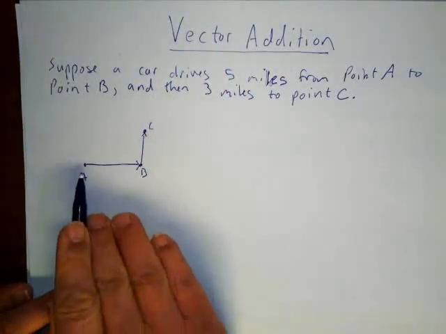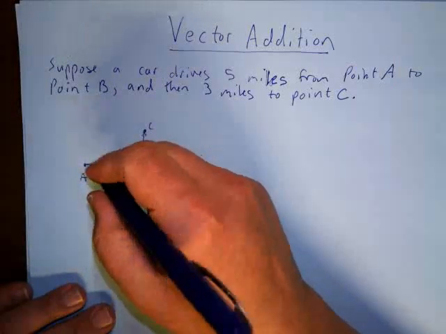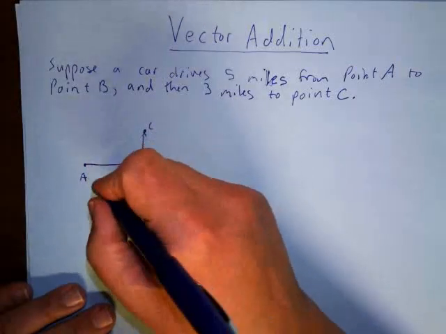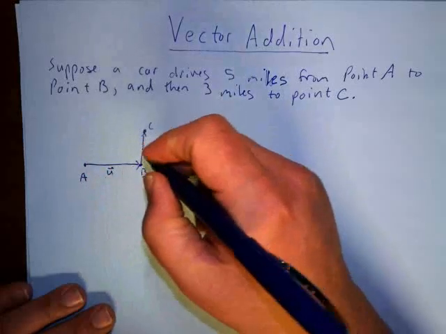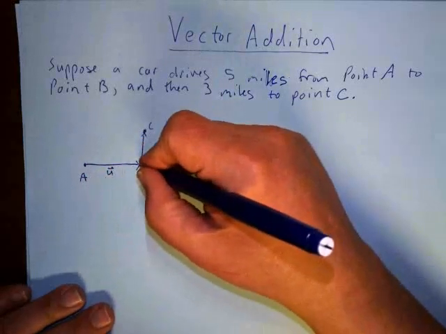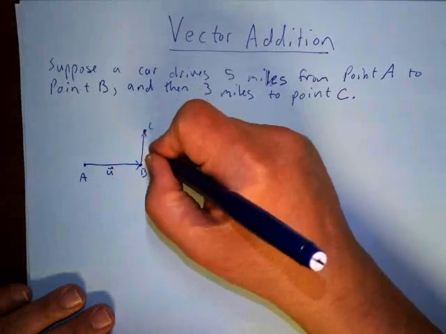Okay, so its trip from A to B is like one vector, and we could call that vector U. And its trip from B to C, that's another vector.